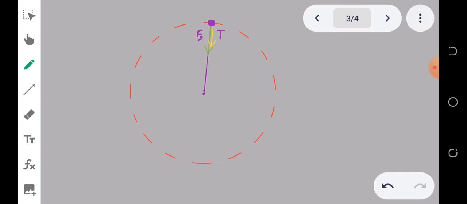Now what you have to know is, even though this string has a constant radius, the speed will be varying. It will reach a moment where it has a minimum speed and then a maximum speed due to gravity. Definitely it's going to have the maximum speed down here, but it will be varying as it revolves towards the center of gravity.